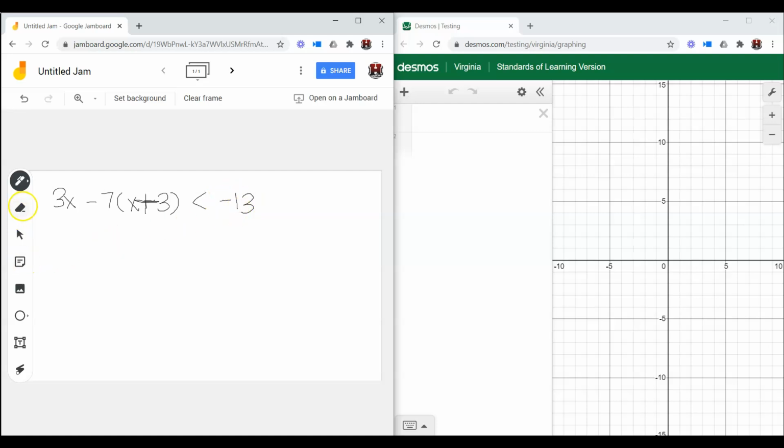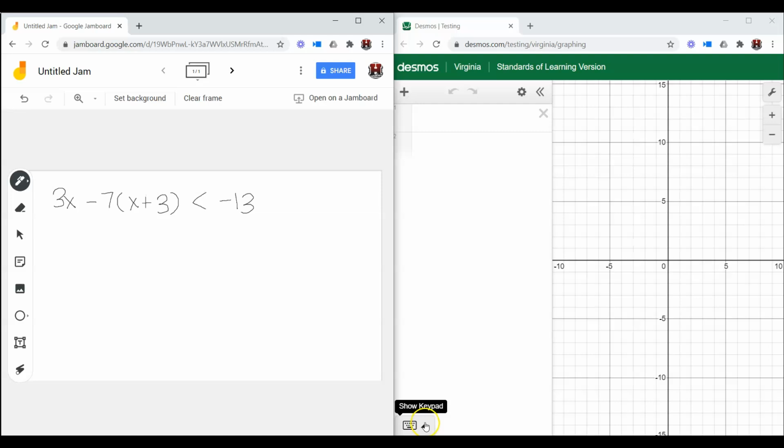Now, I'm sorry about this mess I made over here. That doesn't look very good. Let me erase and try to write that again so that that can actually be read. So this was supposed to be x plus 3. Okay, that looks better.